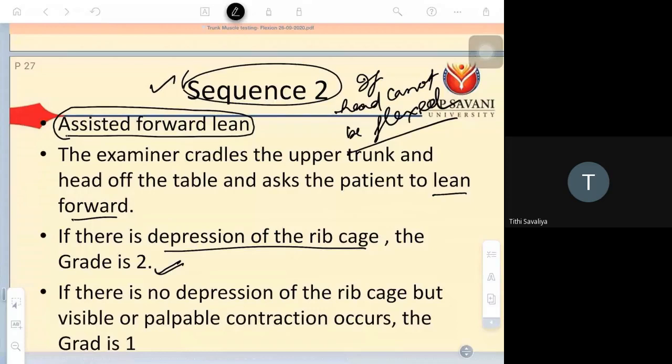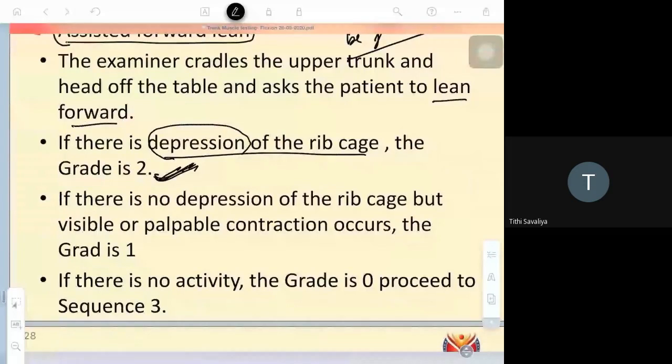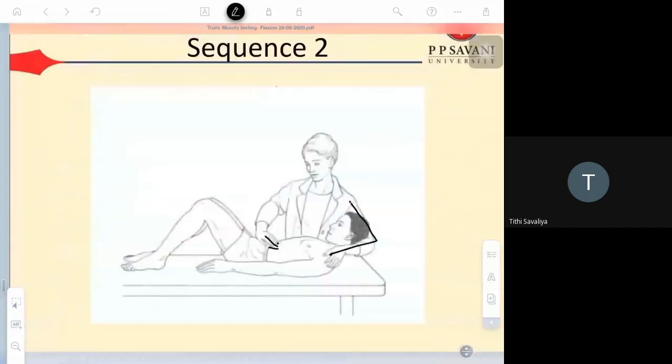When the patient is trying to bend forward, if the rib cages are getting depressed, then also the muscle power is 2. During this procedure, if there is no depression of the rib cage, or if there is visible or palpable contraction, you are already palpating here. In muscle power 2, the ribs will contract, or the ribs will go down.